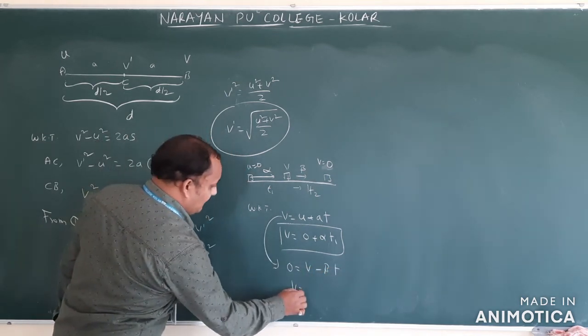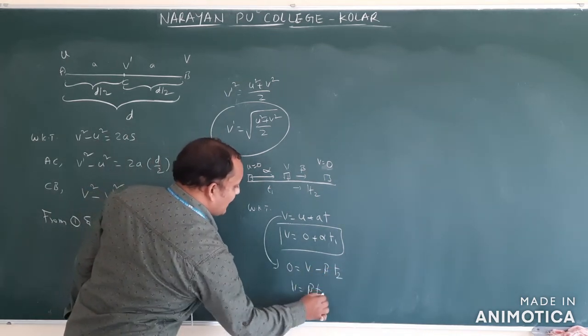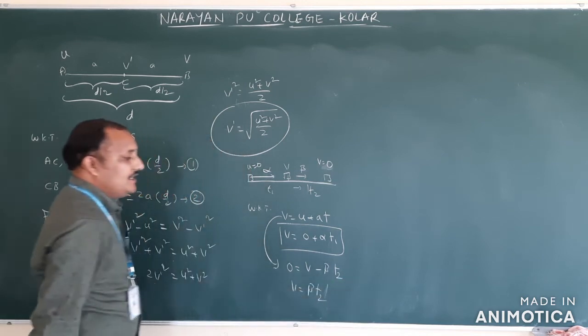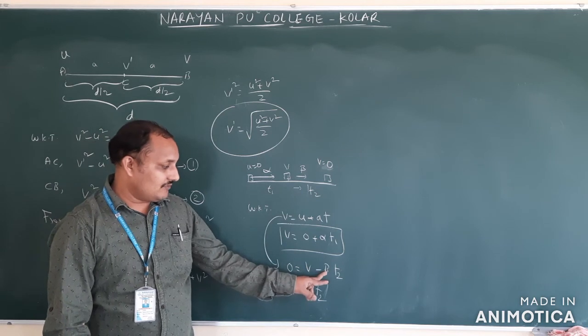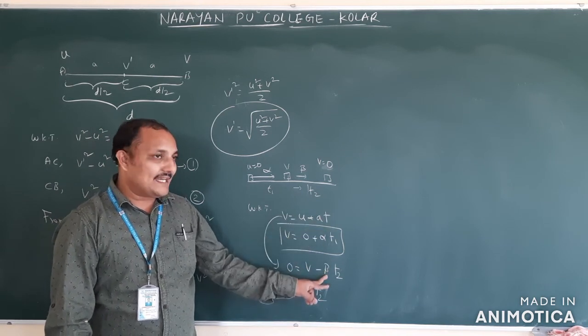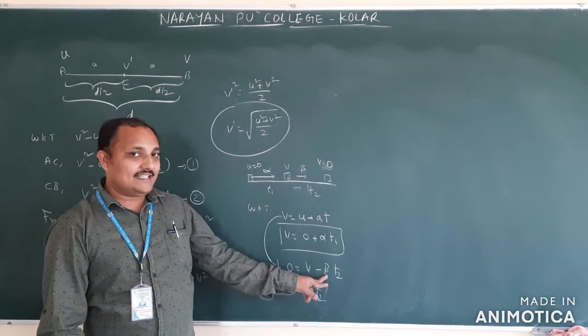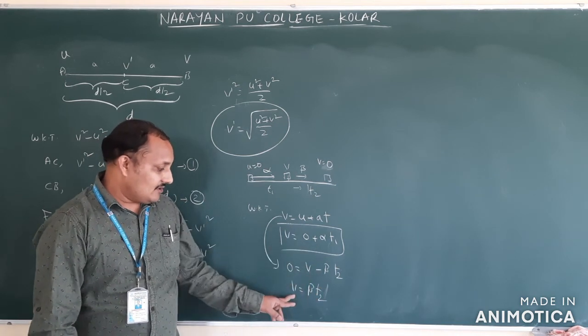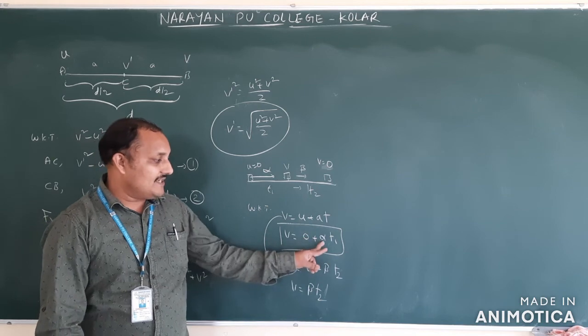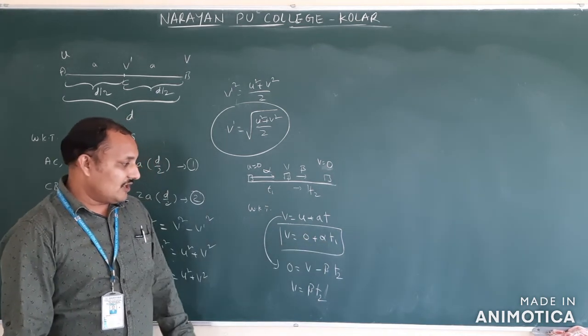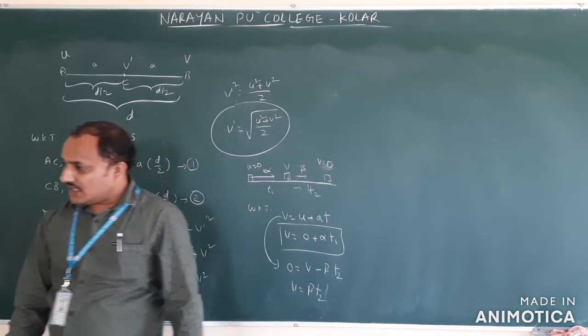Then v is equal to beta, how much time? t2 time. So here t is t2. We have written a as minus beta. Why minus beta? Because it is retardation. So now we got v equals beta t2. First equation we got v is equal to alpha t1. What are they asking us to find?